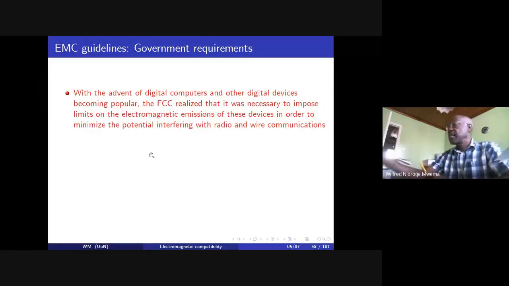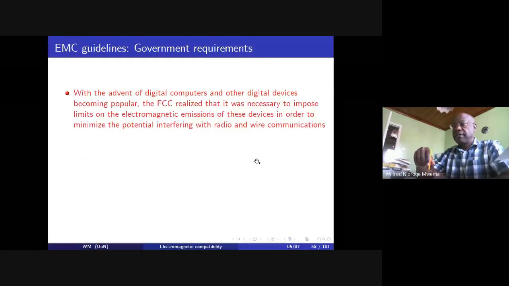And therefore, things like Bluetooth, which operate in the 2.4 to 2.5 gigahertz ISM band, must tolerate the interference that would occur from medical equipment or an industrial appliance. They cannot go complaining that they are being interfered with, although they have been allowed to work in that band.